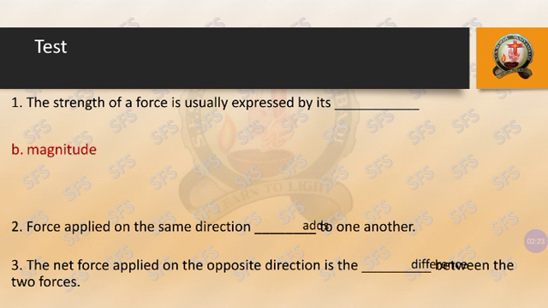From that we can conclude that when two persons apply force to an object in opposite directions, we have to subtract, we have to find the difference between both the forces. Then only can we easily determine the net force, the final force.